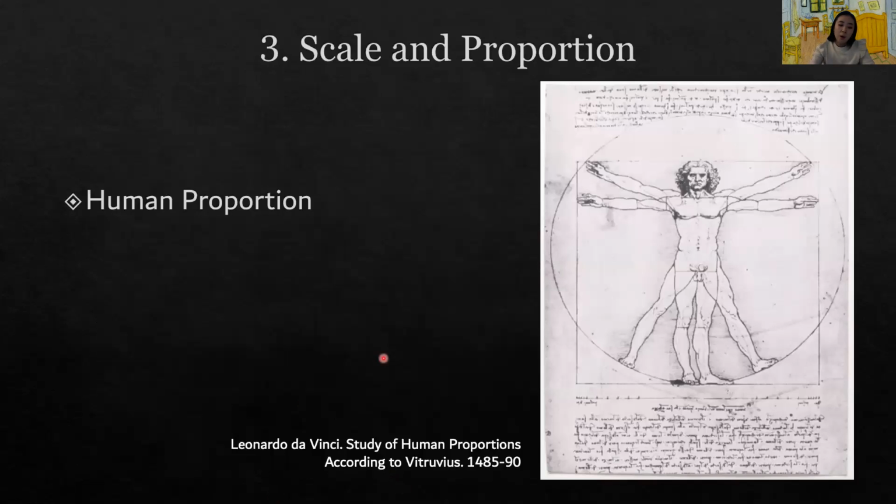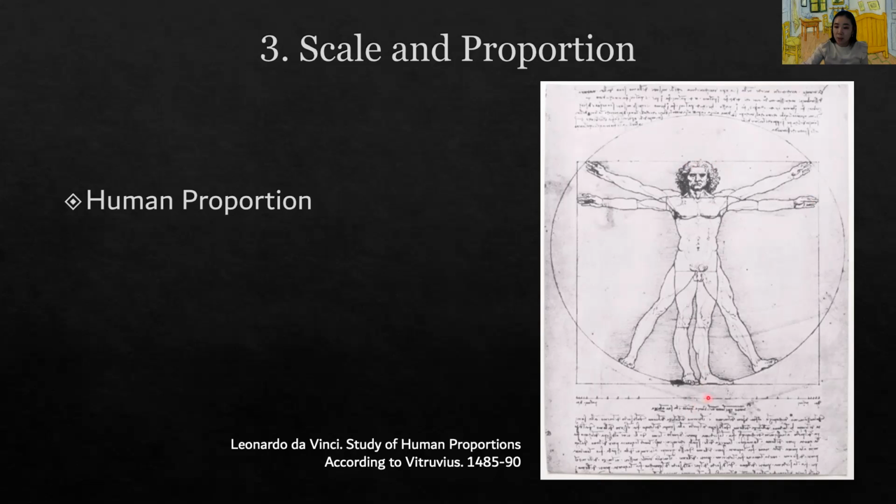And also, a human body has perfect proportion. This was discovered by Leonardo da Vinci, the Renaissance master. When you straightly open our arms like this image, the length from the left fingertips to the right fingertips is the same as our height.